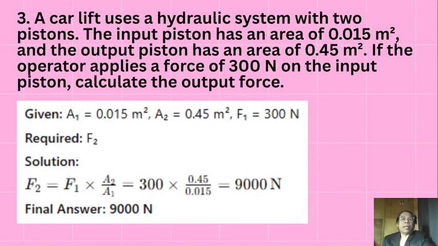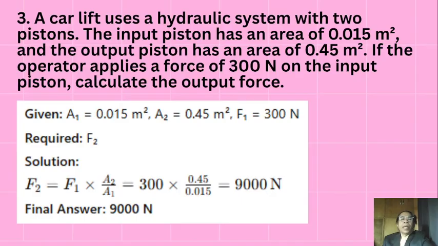Next, number 3. A car lift uses a hydraulic system with 2 pistons. The input piston has an area of 0.015 meters squared, and the output piston has an area of 0.05 meters squared. If the operator applies a force of 300 Newton on the input piston, calculate the output force.